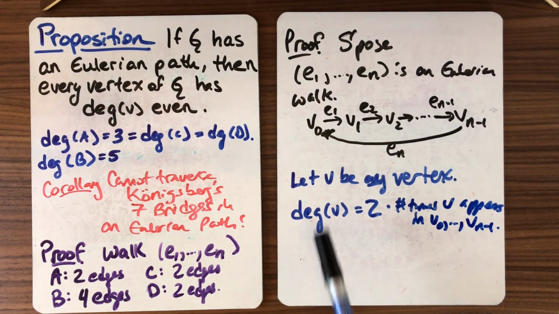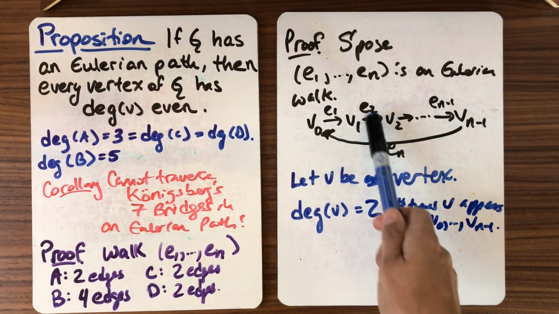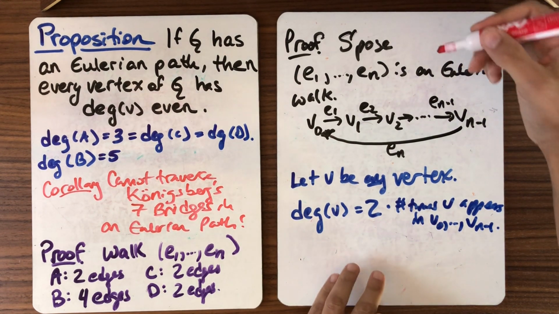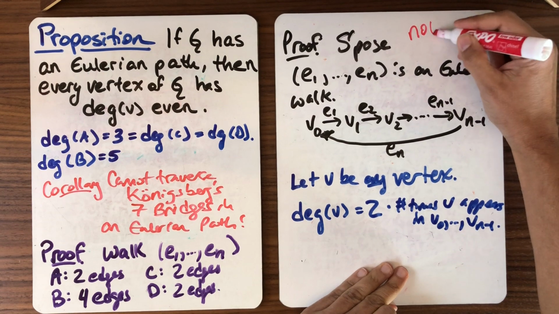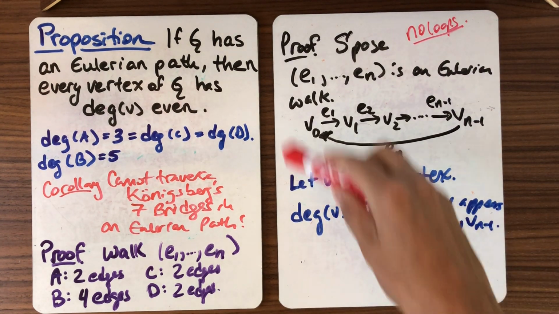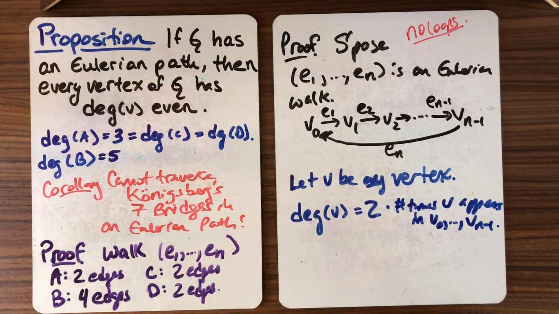Why is that? Well, each time it appears, you get 2 edges. And of course, I'm going to assume no loops. Loops are special in that we consider a loop, if it comes from a vertex, as having degree 2. So it's not going to change the validity of the theorem, but for the proof, let's just assume no loops.